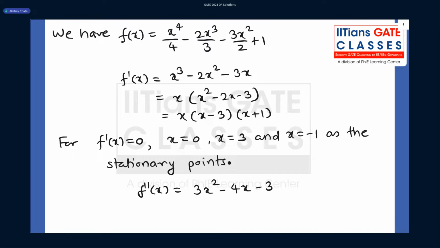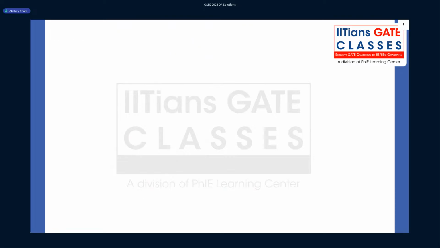So we have to check at each stationary point what is the value of f double dash x. That is 3x square minus 4x minus 3.